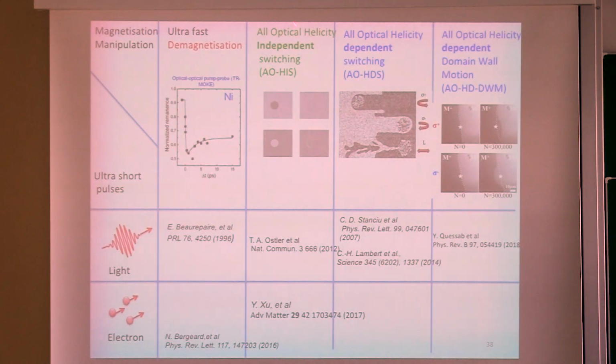All right. So here we come, and we can now say that this all-optical helicity independent switching can be observed for femtosecond electron pulses. And as Jeff showed yesterday, it can be observed also if the pulse duration is much larger for the electrons. Now, let's look a little bit at what we can do for those kind of materials.